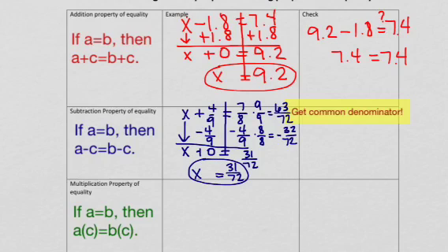And then over in the right-hand box, we're going to check our work. So we're going to ask ourselves, does 31 over 72 plus 4 over 9 really equal 7/8? So let's get a common denominator of 72, so that's 31 over 72, plus, and I'm going to multiply top and bottom by 8 to get a common denominator, so that's 32 over 72.